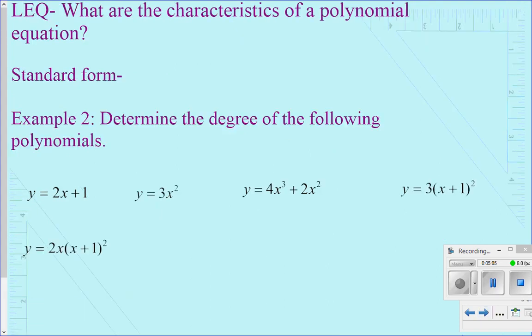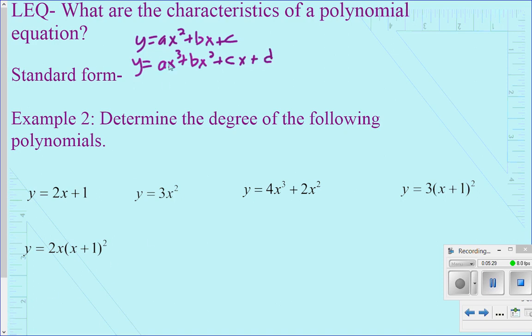Okay, the next thing we talked about is standard form. Well, we already know what standard form looks like for a quadratic equation. We know it's that. So I can write standard form for any polynomial. So a cubic would look like that. And hopefully you're seeing the pattern here.